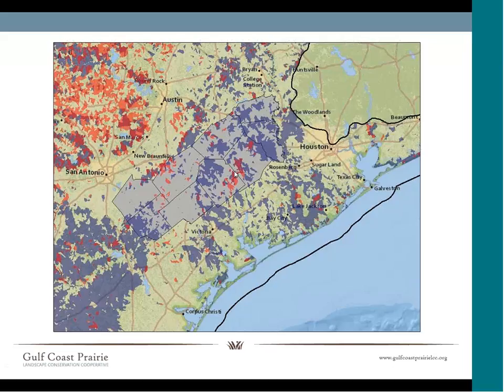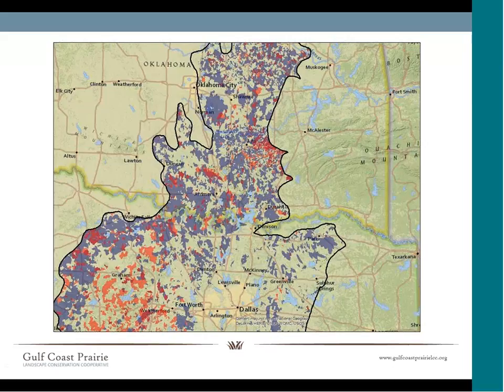I was going to ask you to point out, you pointed out the Colorado River runs through this area, but the Chenier Plain and the northern, the Red River area, wondering if you could point those out too.